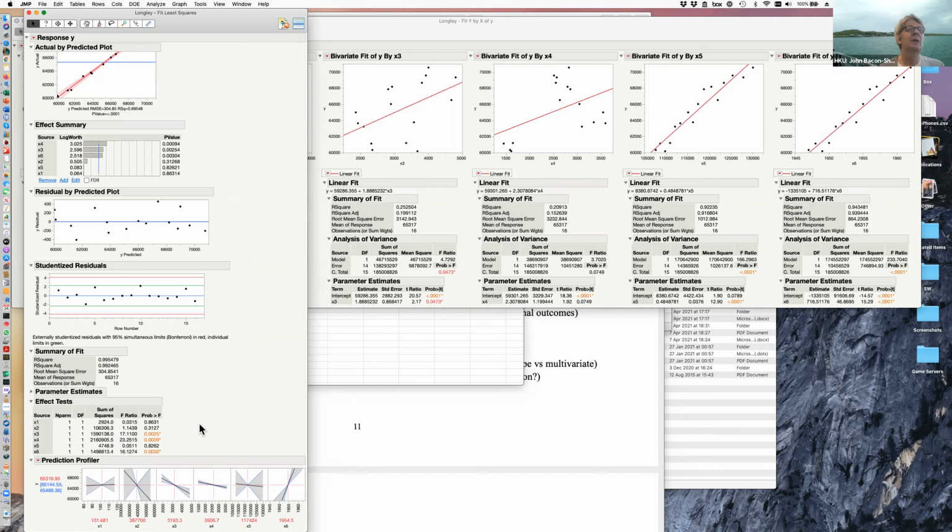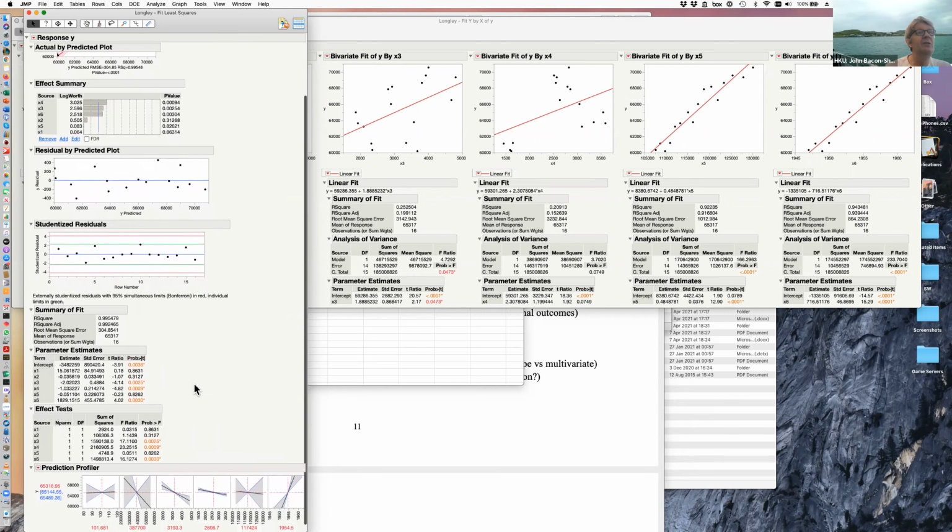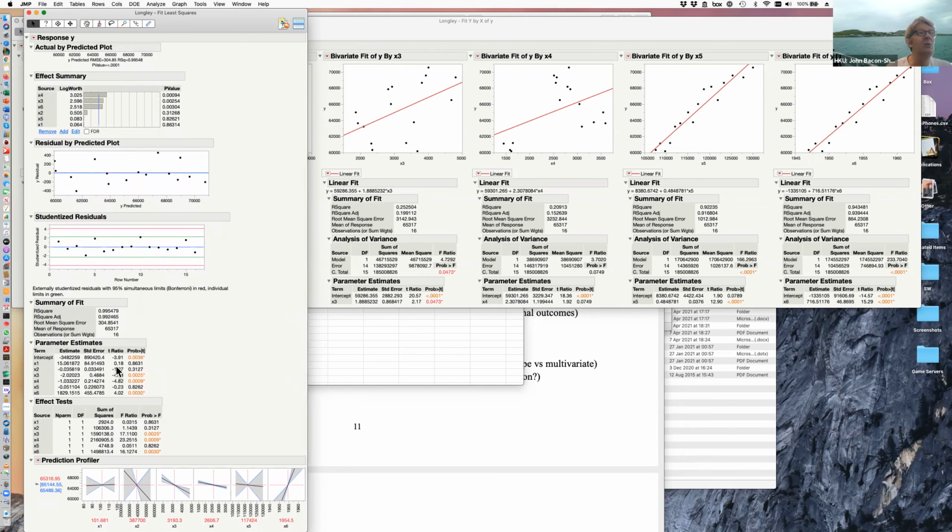Okay, so this in itself is interesting, but let's now look at the parameter estimates. You'll see that the parameter estimates show that of the 3 we are pretty certain we need, x6 does indeed have a positive coefficient, but 3 and 4 both have negative coefficients.